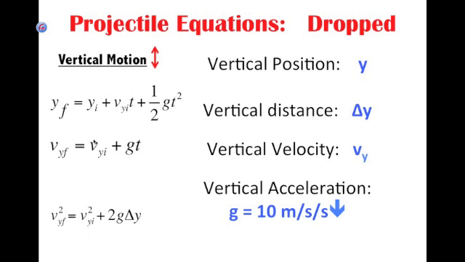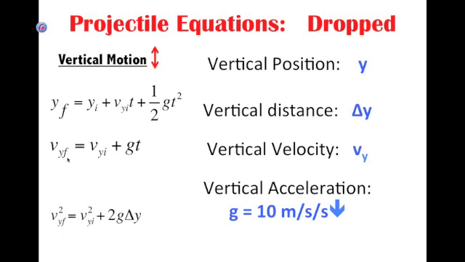I'm going to go ahead and just read through these equations so you can hear how they sound when we describe them. This first equation is: the final vertical position of an object is equal to the starting vertical position of the object plus the starting vertical velocity of the object times the time plus 1/2 times the acceleration of gravity times the time squared.